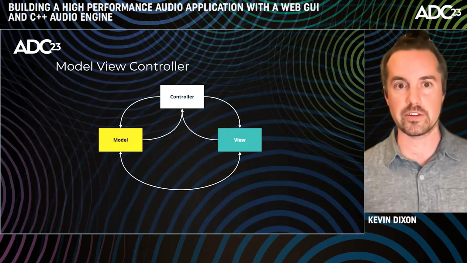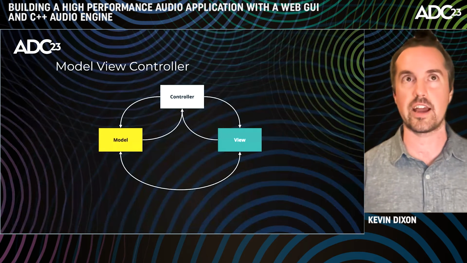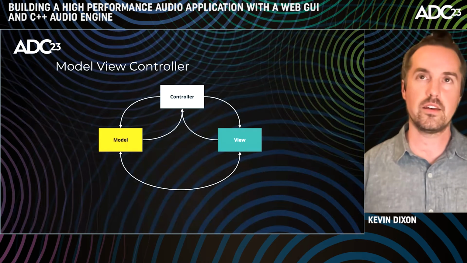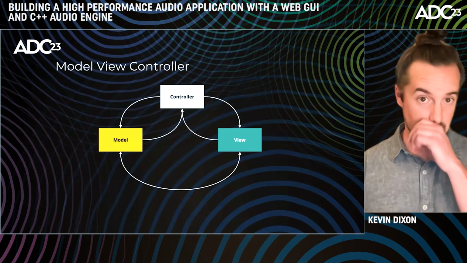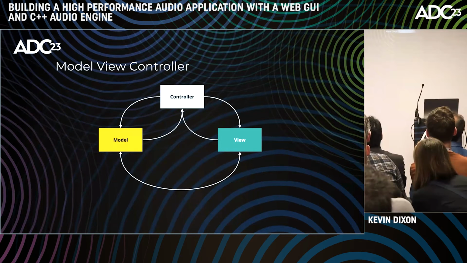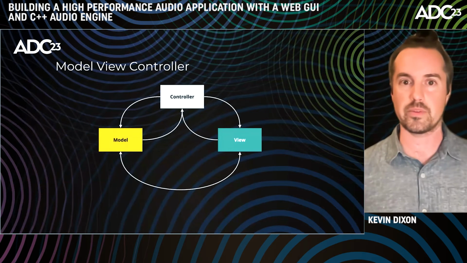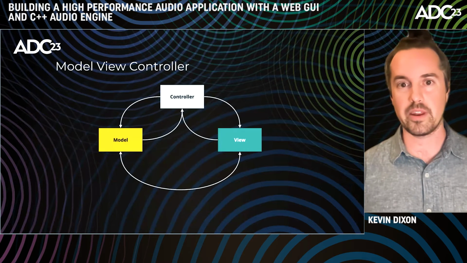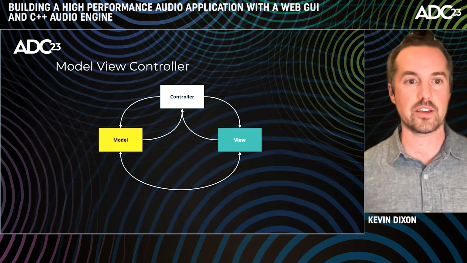Unfortunately, over time, we see these desire paths form where people want to glue the view and the model together, or you'll get all of the application logic winding up in a single file for the view controller. It's a common anti-pattern that you'll find in iOS apps.